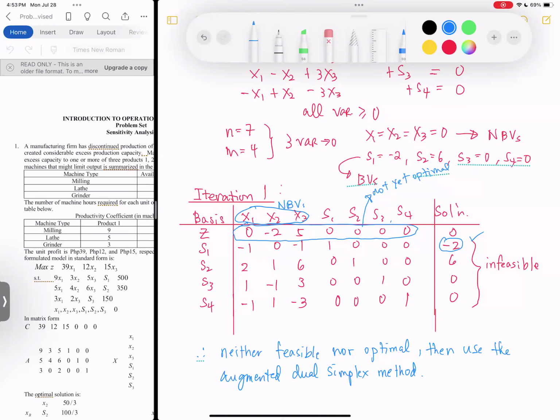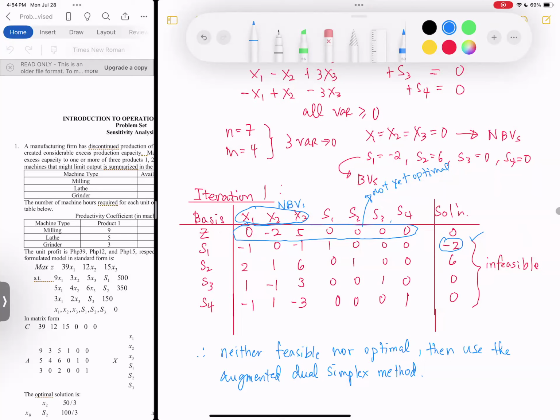So again, you need to have the combination of infeasibility and suboptimality in your tableau for you to conclude this one, neither feasible nor optimal. Okay? So again, infeasibility and suboptimality. Okay? So that's the combination that would require you to do augmented dual simplex.